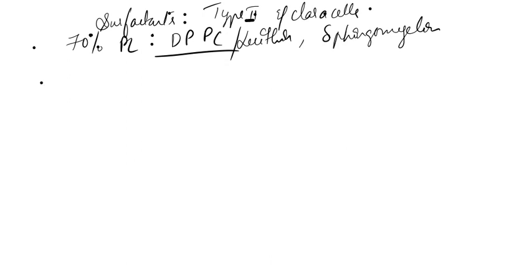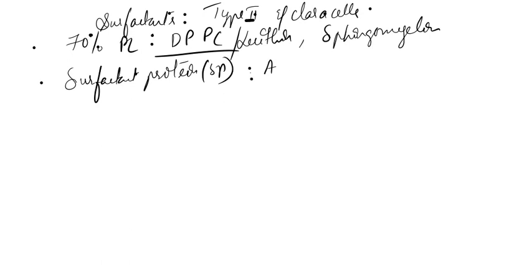Now, what are the surfactant proteins? Or as a shortcut you can call them SP. There are 4 types of surfactant proteins: A, B, C, D, and the main one is B. This is the main surfactant protein.